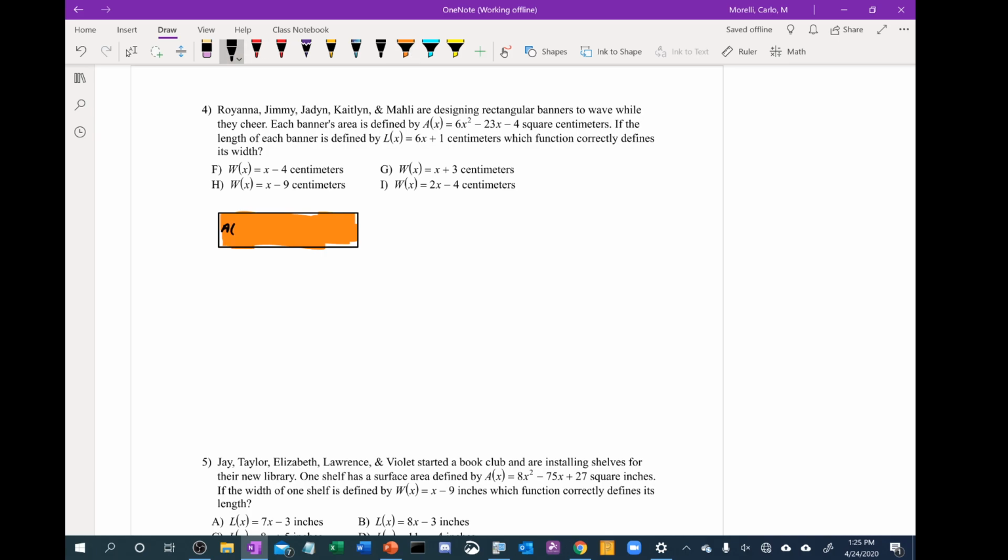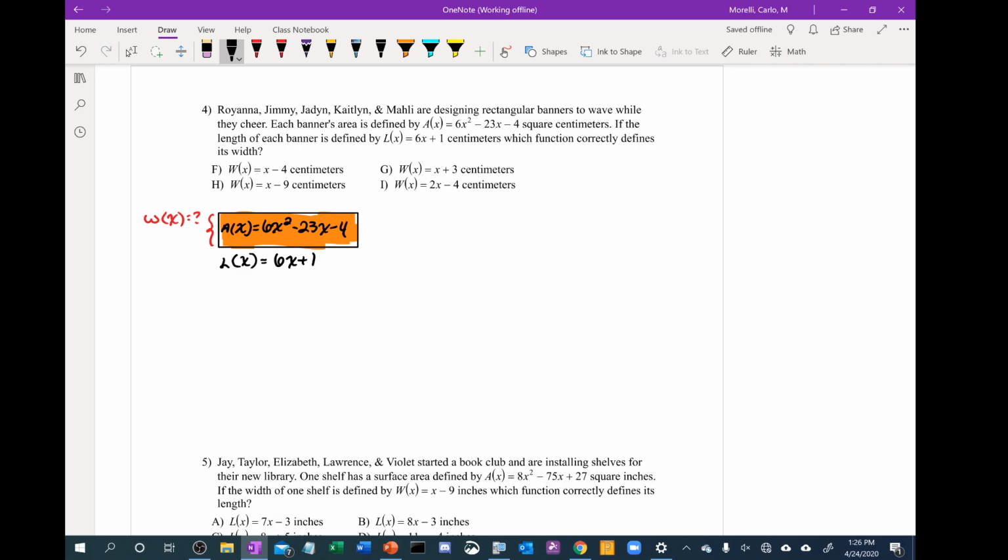And area is defined by the function A of x equal to 6x squared minus 23x minus 4. What else are we given? Looks like we're given the length. So the length of this banner is given by function L of x equal to 6x plus 1. And so the thing that we're missing is the width, W of x, and we don't know what it is.